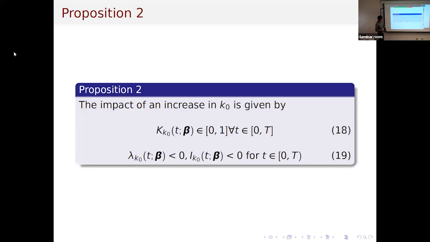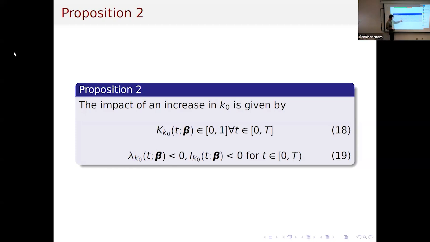Also, now, well, the rest of the propositions are routine, right? So we actually repeat the same procedure for other parameters. But I still like to say something about proposition 2. Okay. Well, in proposition 2, we examine the parameter K naught, which is the initial capital level. So the impact of an increase in K naught is given by the following.